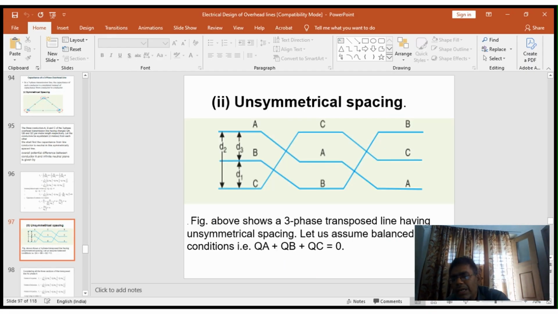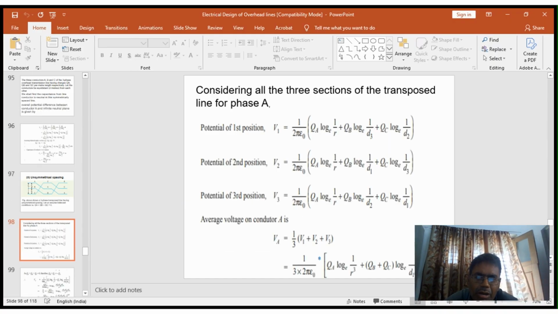In the case of unsymmetrical spacing, in the transposed configuration, every conductor occupies the original position of the others at equal distances. Such exchange of position is known as transposition. With the balanced condition Qa plus Qb plus Qc equal to 0, calculate all three sections of the transposed line. The potential in the first position, V1, is equal to 1 by 2 pi epsilon naught, Qa log 1 by r plus Qb log 1 by D2 plus Qc log 1 by D3.